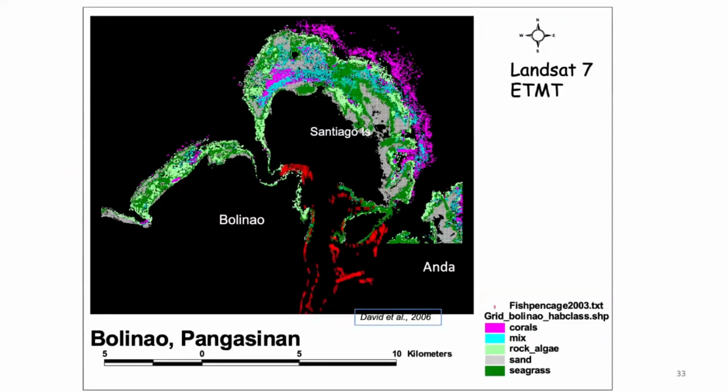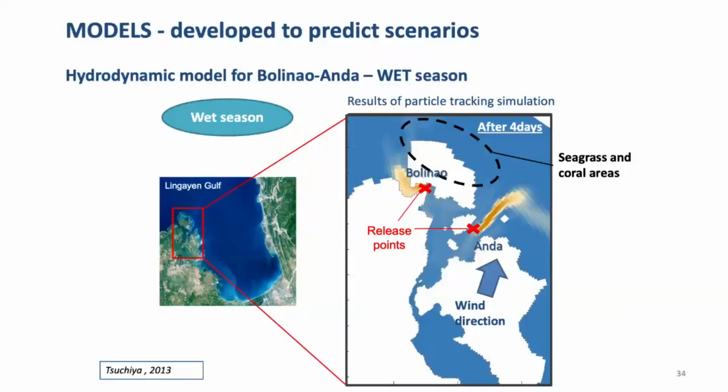The impact on ecosystems is quite relevant because when you look at this image of Bolinao and Anda, you will see the presence of pens and cages in red symbols, together with corals in pink symbols and seagrass in green. So the marine resources in these habitats can be affected by eutrophic and acidic waters coming from the mariculture areas.